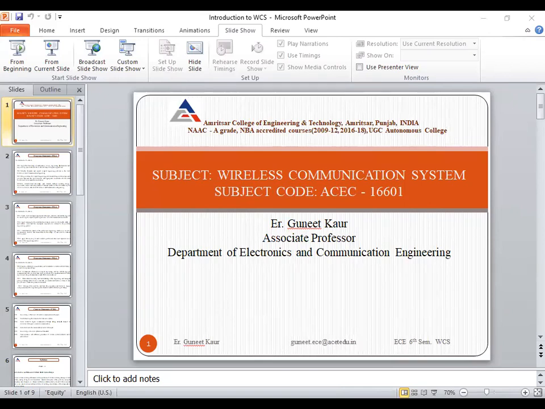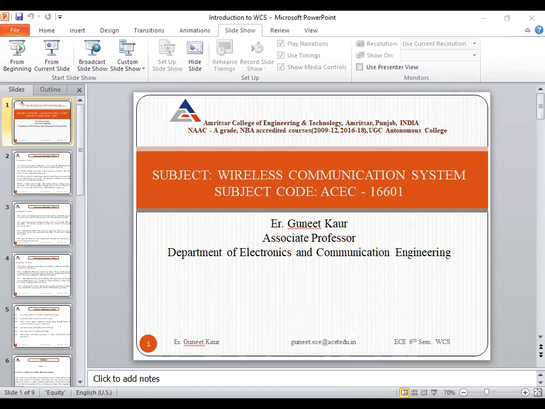Program outcome 5 is to create, select, and apply appropriate techniques, resources, and modern engineering tools for modeling of complex engineering activities in the field of communication networks.